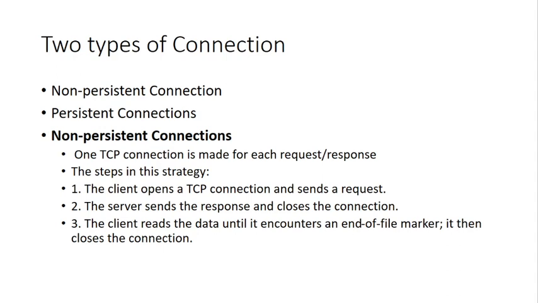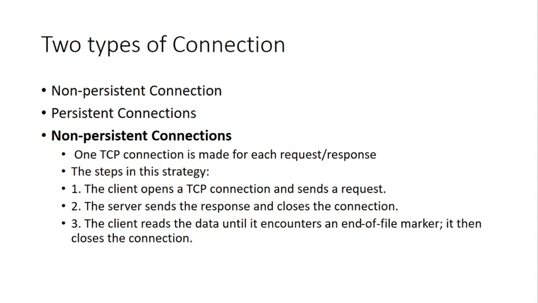And the second step, the server sends the response and closes the connection. And next, the client reads the data until it encounters an end file marker. It then closes the connection.